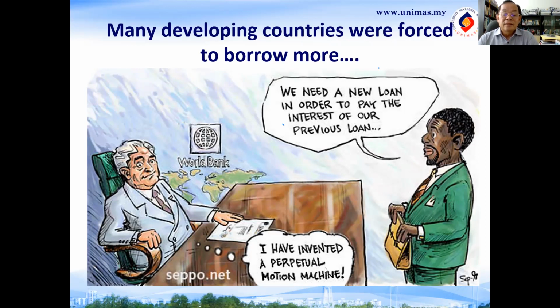And then this is the World Bank. In his mind, I have invented a perpetual motion machine. This shows that it will cause more borrowings and more borrowings in the future, and that's what is actually happening.